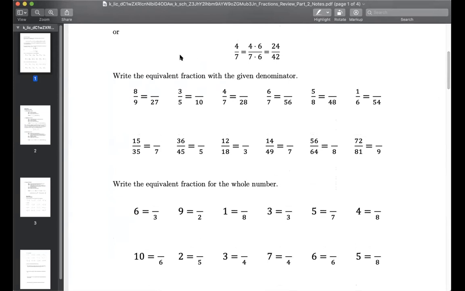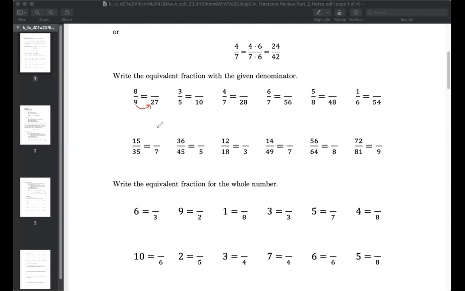So the process is going to be, I take a look at the fraction on the left, the complete fraction, and then I look at the fraction on the right where that's missing a part. So I have to go to my two denominators and decide how I got from 9 to 27. What did I have to do to 9 to turn it into 27? Multiply or divide. Divide 9 into 27, which would be 3.